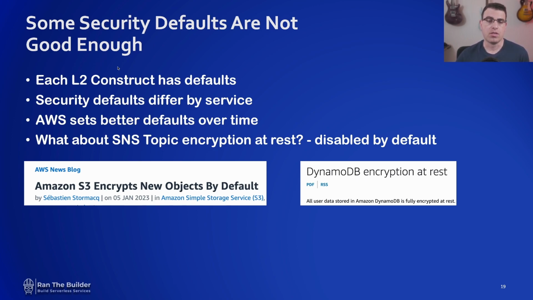Like they added this year the S3 encryption by default for new objects. DynamoDB does encryption at rest. But if I look at SNS topic encryption, the last time I looked, SNS topic encryption at rest is not enabled by default. So you need to go and configure it. And you need to think about it, right? You need to know that, hey, I'm gonna look for any security flaws and I'm gonna fix it.